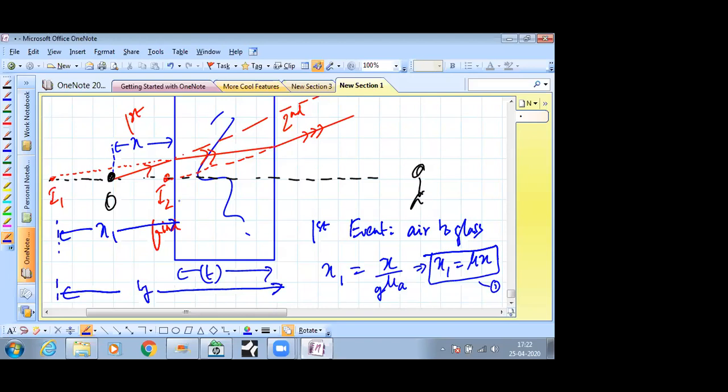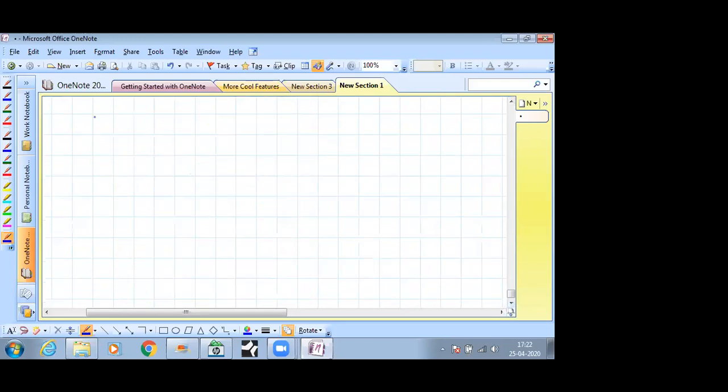So let us say the distance of I2 from this end, that is my Y prime. So the second event is refraction from glass to air.